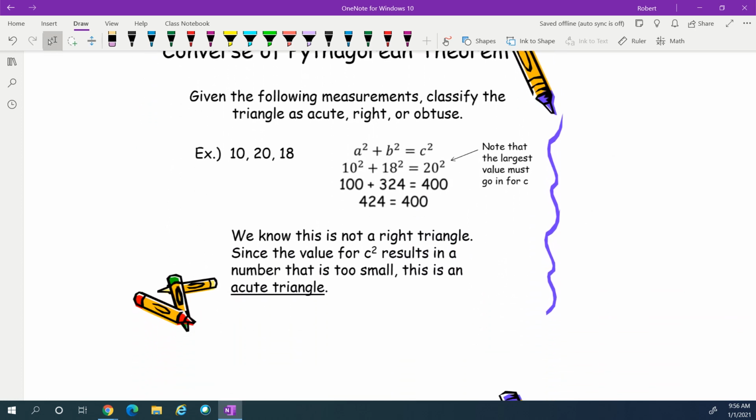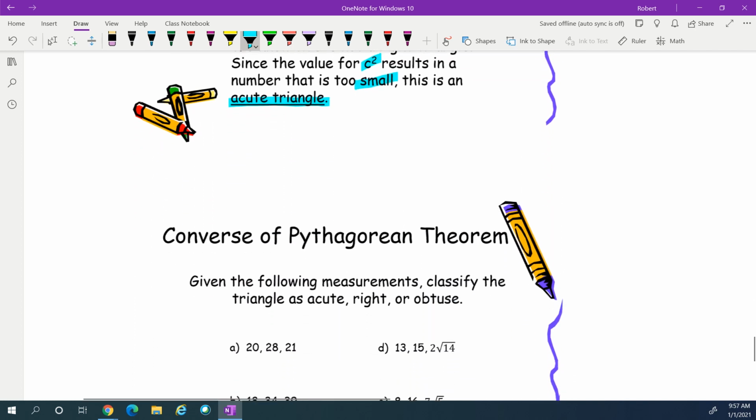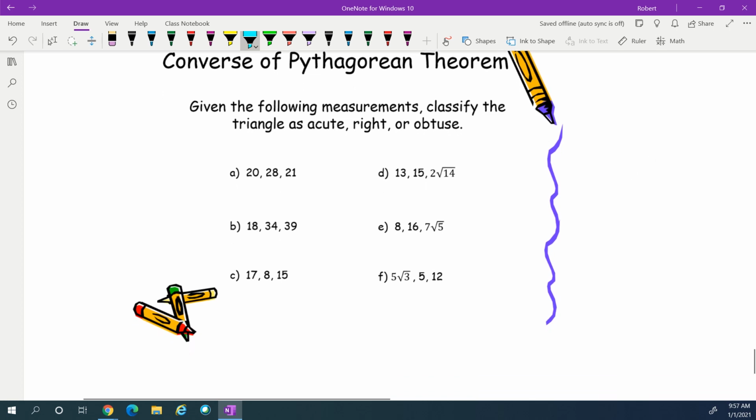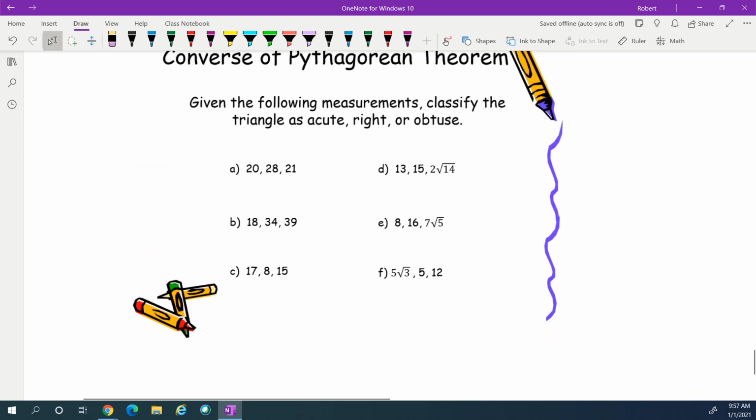In our example here, the C squared number is smaller. So when the C squared number is small, the angle is small, meaning acute. And that's literally what we're doing here.